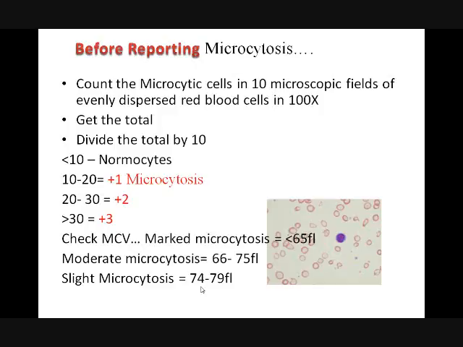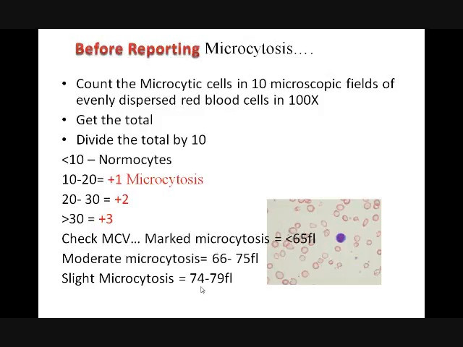You get the total, divide by 10. If you have less than 10 small cells, they would be called normocytes. If you have an average of 10 to 20 per field, that would be 1 plus microcytosis. 20 to 30 is 2 plus microcytosis. Greater than 30 would be 3 plus microcytosis.